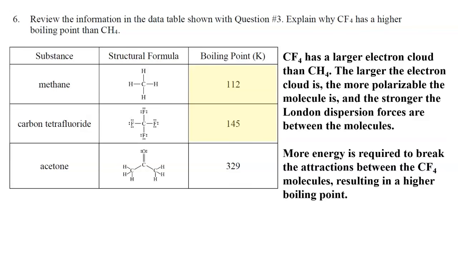The larger the electron cloud is, the more polarizable the molecule is, and the stronger the London dispersion forces are between the molecules. More energy is required to break the attractions between the CF4 molecules, resulting in a higher boiling point.